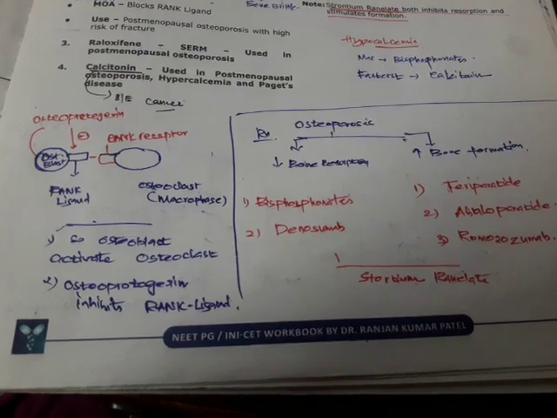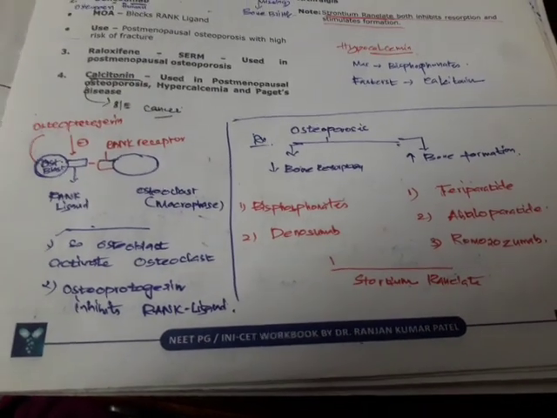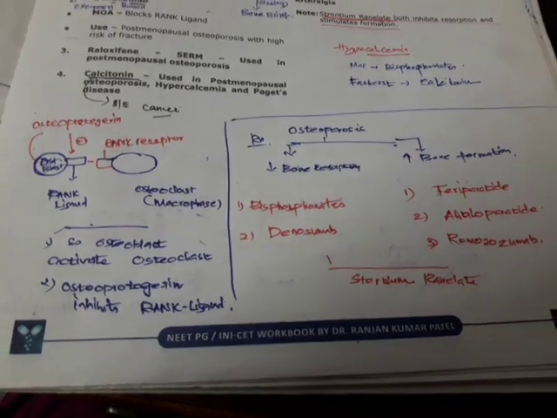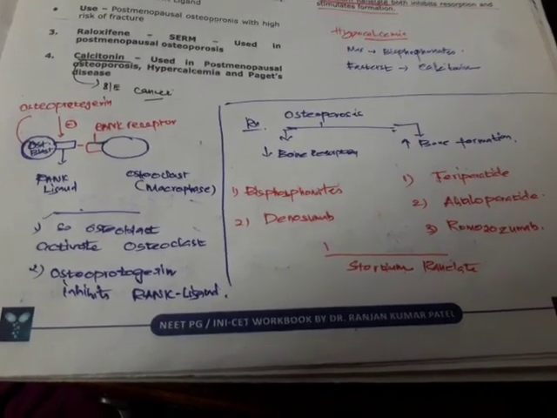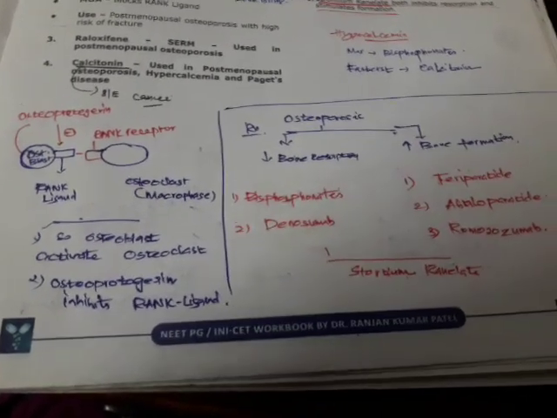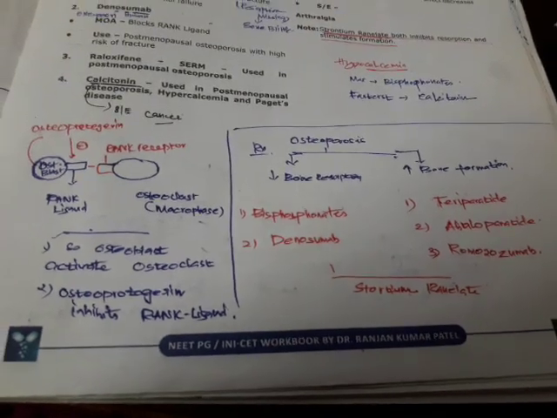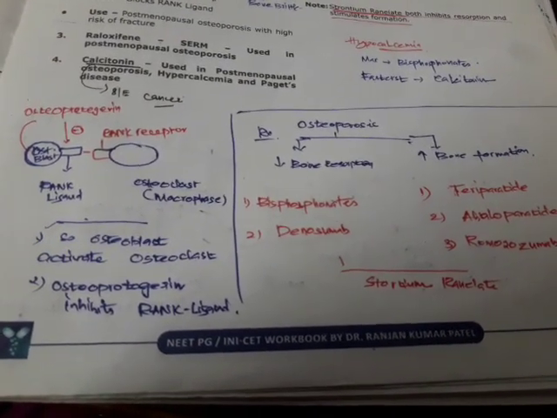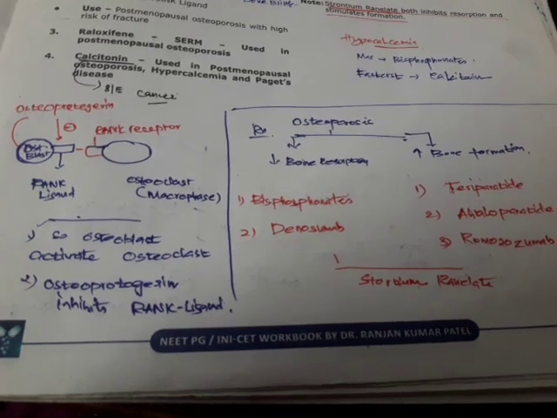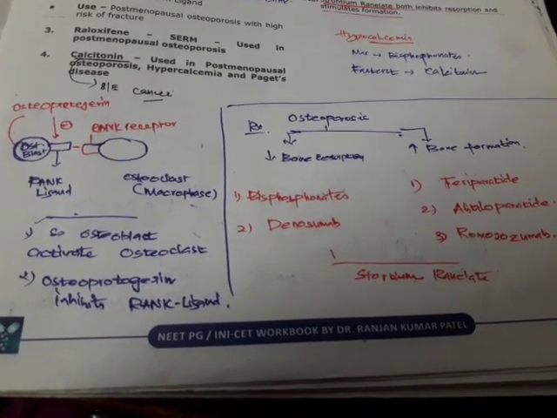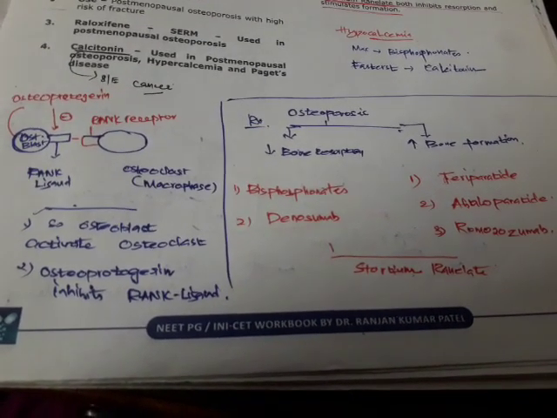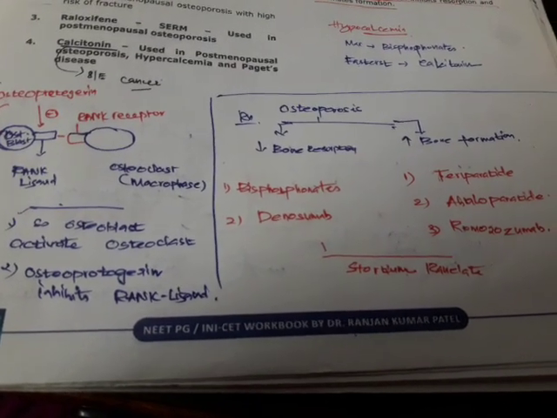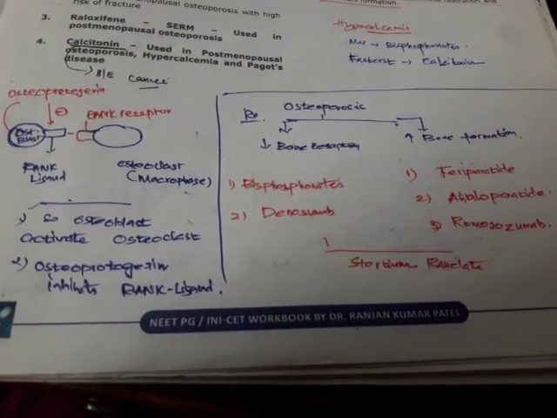To reduce it, we have to take the tablet early in the morning on an empty stomach with plenty of water, and we should not lie down for 30 minutes to prevent esophagitis. Next, osteonecrosis of the jaw and bone fracture. These are all side effects: esophagitis, osteonecrosis of the jaw, and bone fracture.